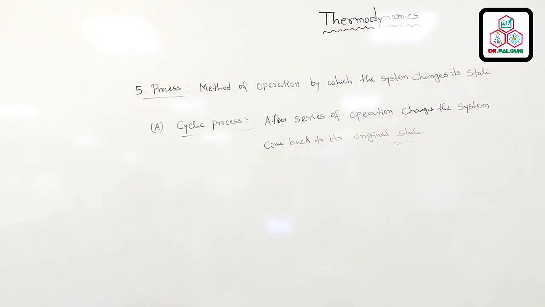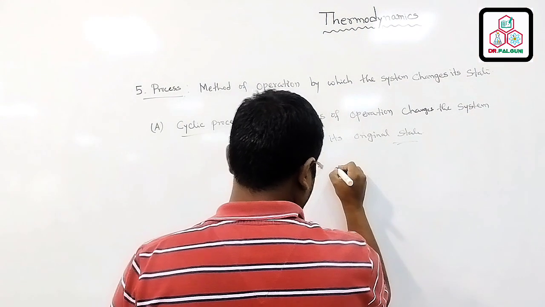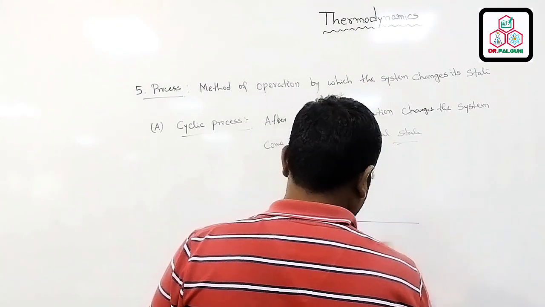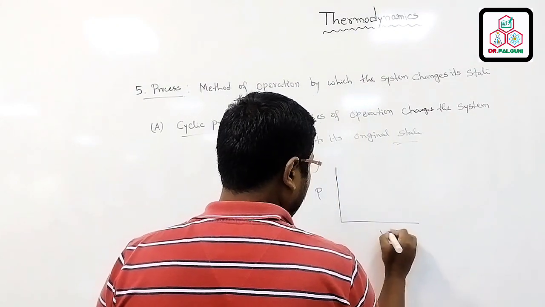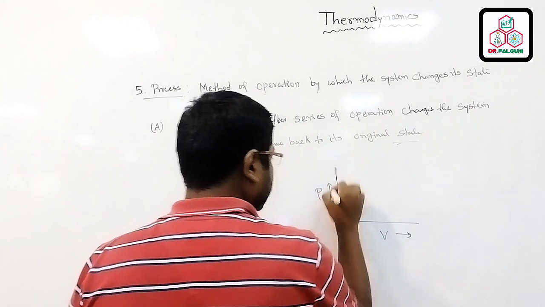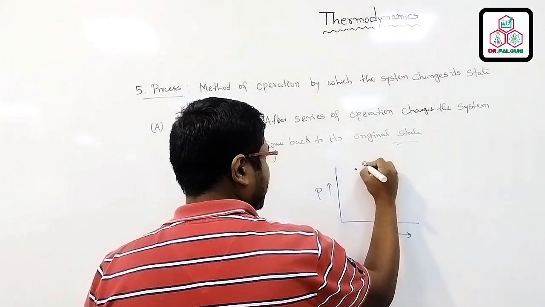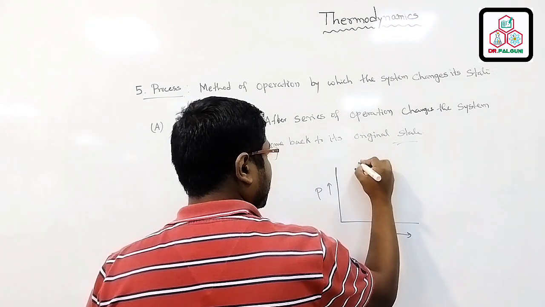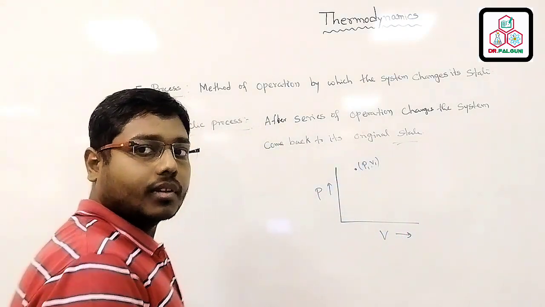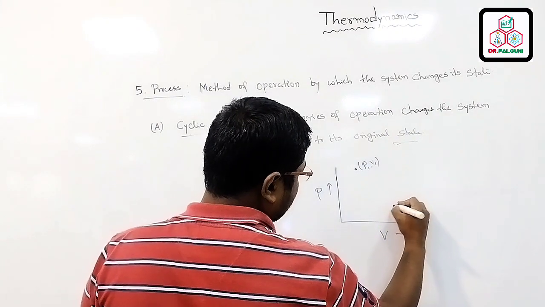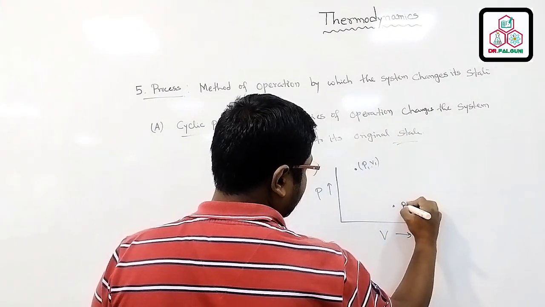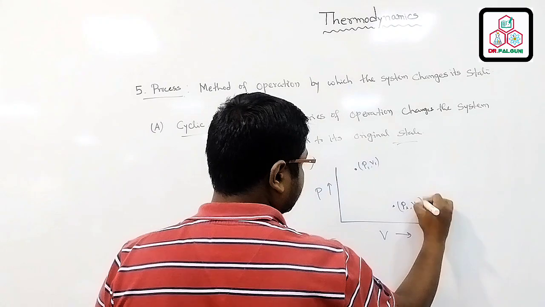Suppose, if you remember, I draw again, this is the PV diagram. This is the initial stage, that means P1, V1, this point. And this is the final stage, P2, V2.